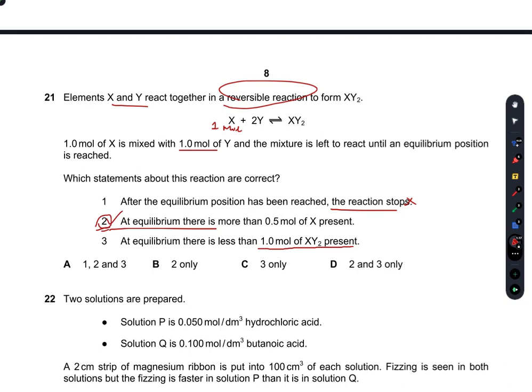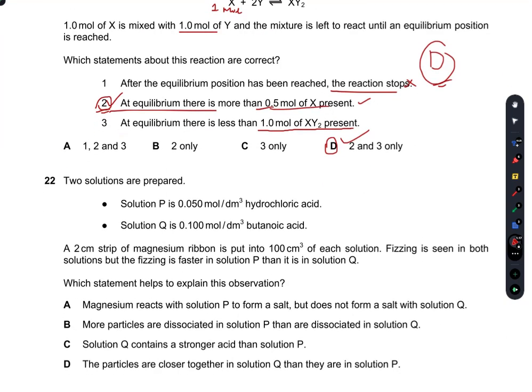If there is more than 0.5 moles of X present, then definitely there is a lesser amount of XY2 present. So 2 and 3 are correct. Do you comprehend that when greater than half a mole of X is present, then obviously lower than half a mole of XY2 should be present ideally. So this makes sense. So D is the right option and this is true.